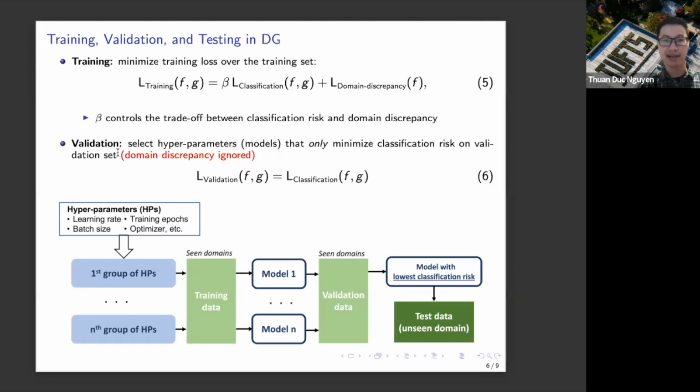However, in the model selection phase, most of the methods select a model that has the minimum value of the classification risk and ignore the domain discrepancy. This is problematic, because if a model achieves a small risk through the trade-off, it may produce a high value of domain discrepancy, and due to the distribution shift, this model may not work well on test data with a different distribution from the validation data.